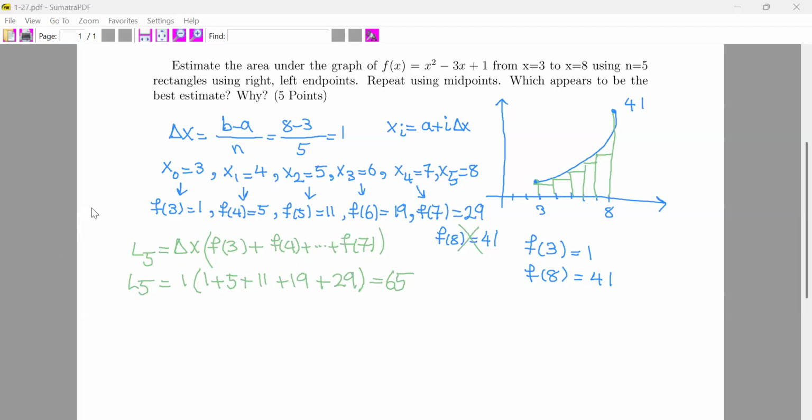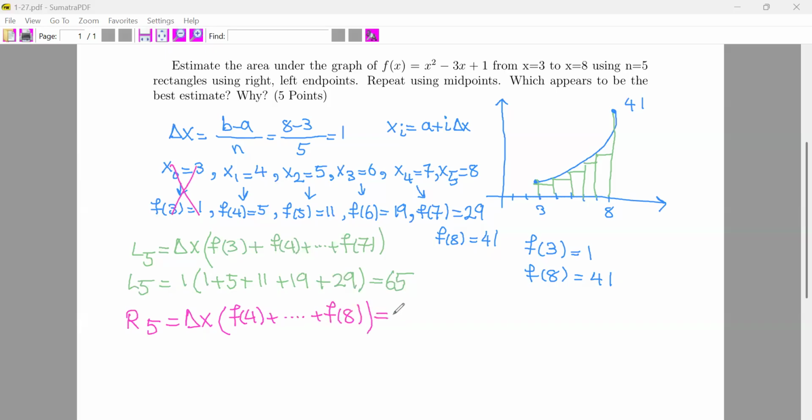Next one is using the right endpoint, let's say R5. Same formula, but this time we use the last one because we're using right endpoints, but we don't use the first one. So it will start at f of 4 and end at f of 8.